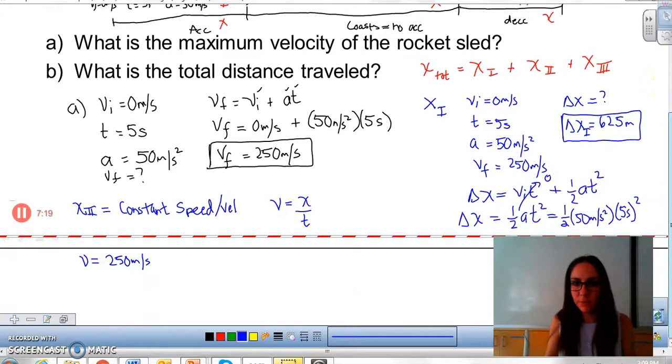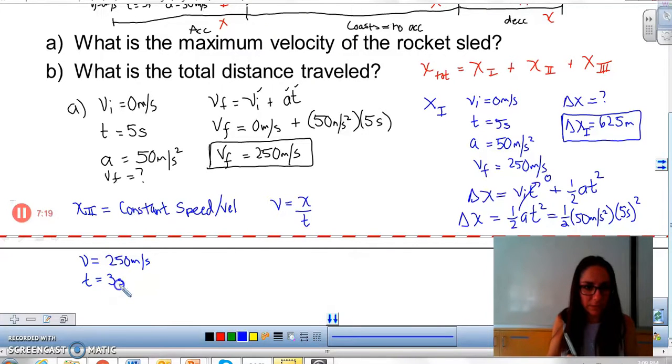Okay, so let's go down. Time is equal to 3 seconds. The question is, and I'm going to just put the symbol here for the second part, what is our distance at that point? So there we go. Velocity is distance over time. So I'm going to plug in my numbers.